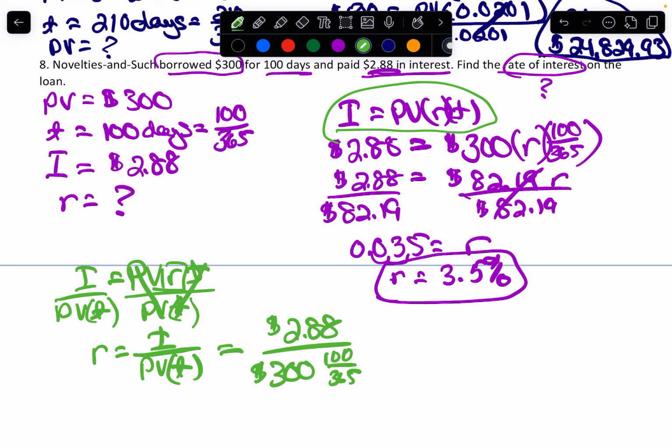When we plug this in the calculator, we get the same 0.035, which we got here.